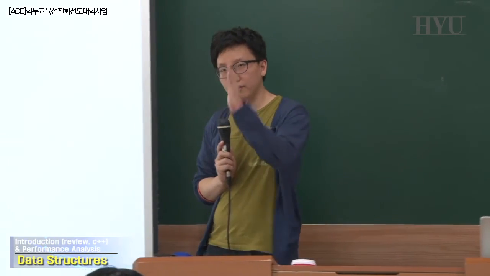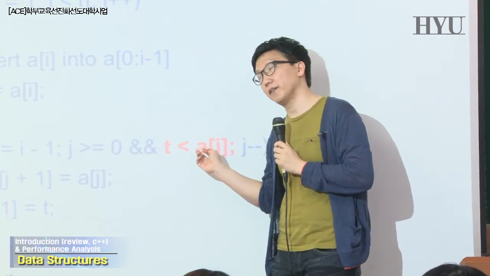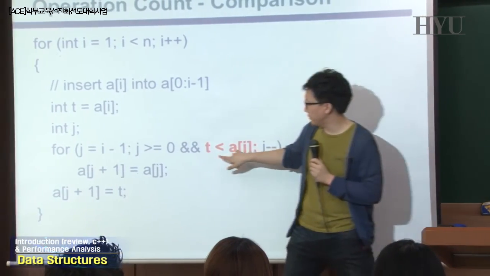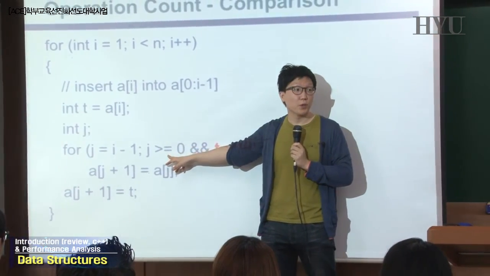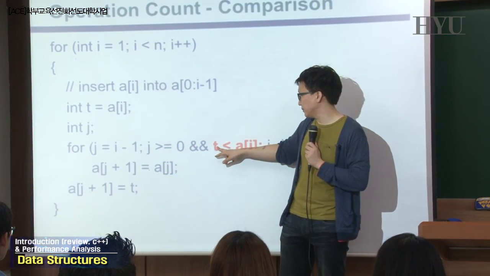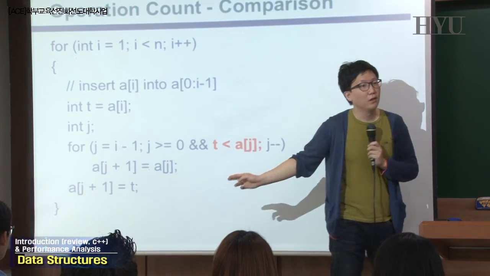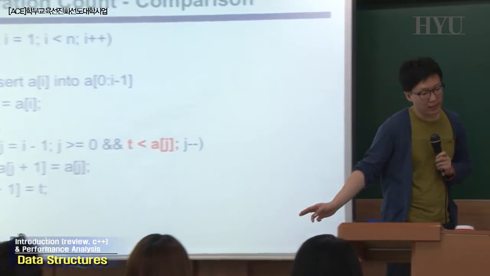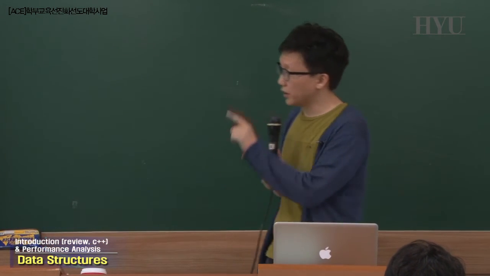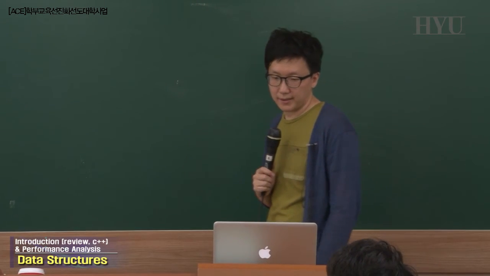The current number at the index is compared to the next one, and then we check whether they satisfy the condition. Every time I have to satisfy this, while the index is greater than or equal to 0 and the current value is smaller than the next one, then I should replace those. That's why we're going to count how many times it does the comparisons.